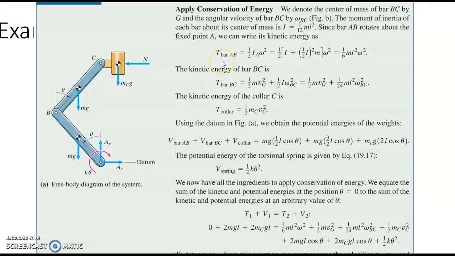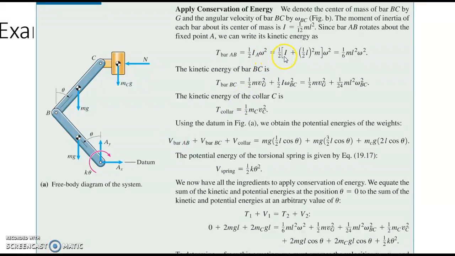Alright, so if I find the kinetic energy of the bar AB, I'm going to use a half I_A omega squared term. Why just that one? What happened to the half mv squared term? Well, I don't have to worry about it because it's rotating about a fixed point. So I here is going to be the moment of inertia about an axis through that fixed point.